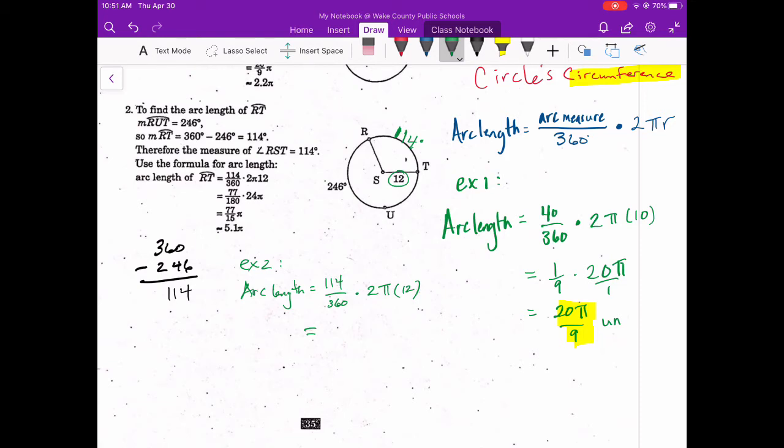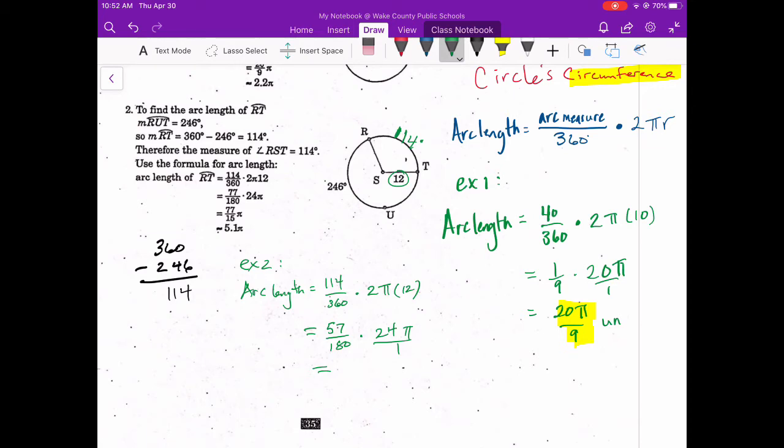So 114 out of 360 is 57 out of 180, and 2 times 12 is 24 pi. It doesn't simplify as nicely as we'd like. And then you could just simplify from there as you continue to work this out. So top times the top, bottom times the bottom, and you could just simplify. I'll do that really quick for you.